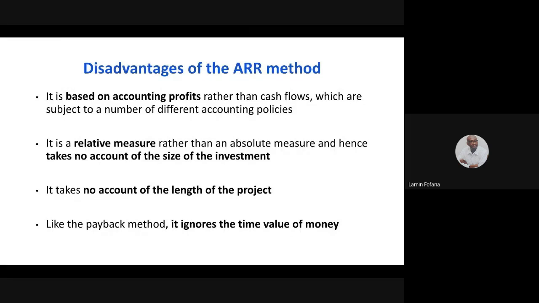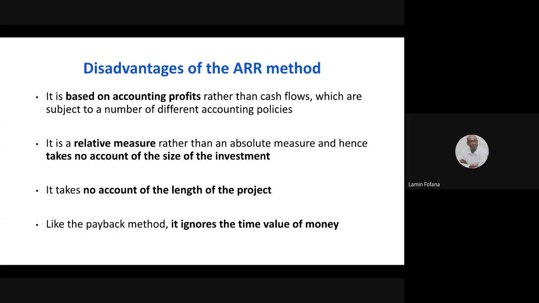Even if you use the same method, for example reducing balance, your assumptions may differ. For example, the useful life of your assets, the useful life of your furniture and fittings: SDF might use 10 years, and maybe the Gambia Hotel and Multimedia may use 5 years. So it depends. Because of that, accountant's profit is subject to a lot of potential manipulation.